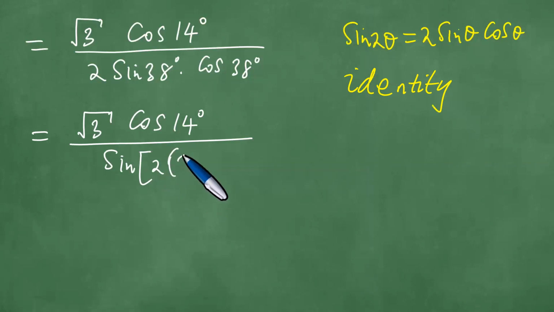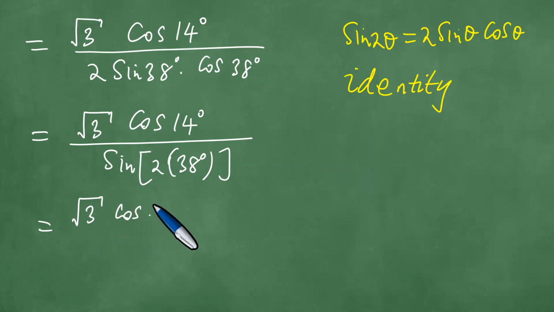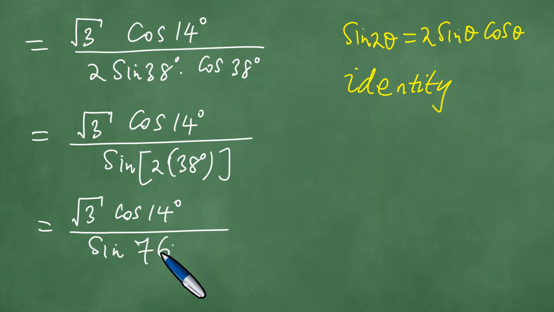So it's sine 2 into 38 degrees. Now what is 38 times 2? Looks like it's 76 degrees. Yes. Okay, good.